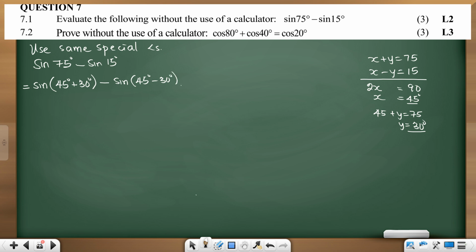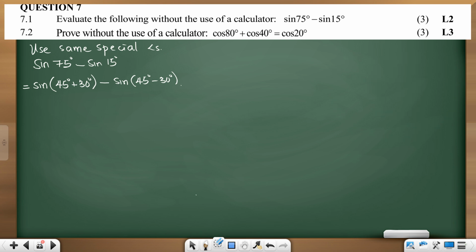Let me know if it makes sense, using the same special angle. Do you notice I'm now using sine A plus B, sine A minus B? Do we know the formulas? Yes. Guys, you must know those formulas. I can't be writing it every time for you.